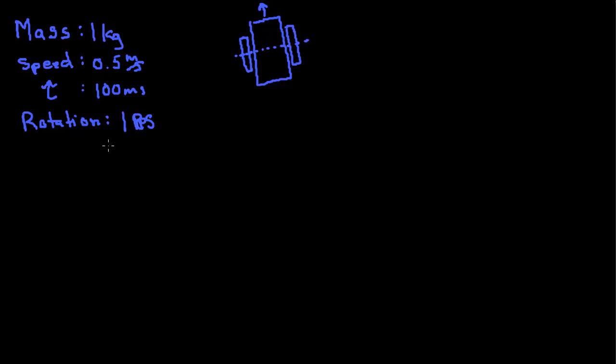Rotation is RPS. So the first thing we're going to do is calculate roughly what our stall torque is, torque stall, called TS. This is done pretty easily. Recall that torque is equal to mass times acceleration times your lever arm, or in this case, the radius of our wheel, R. And acceleration can be found from our speed and tau values.